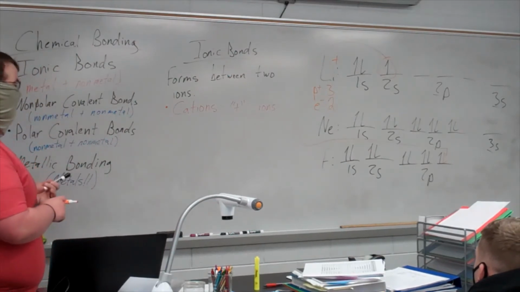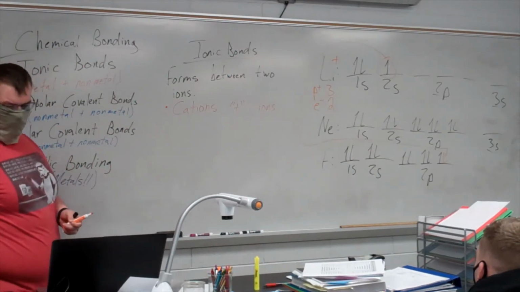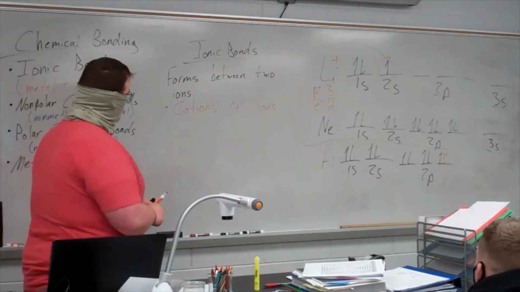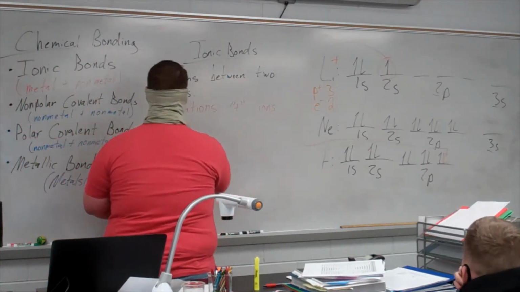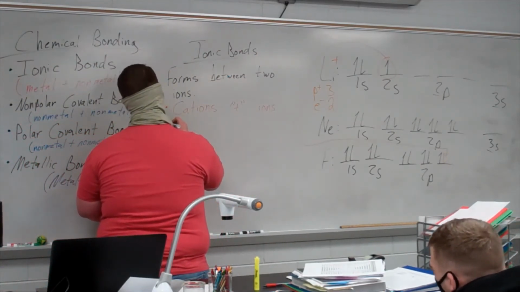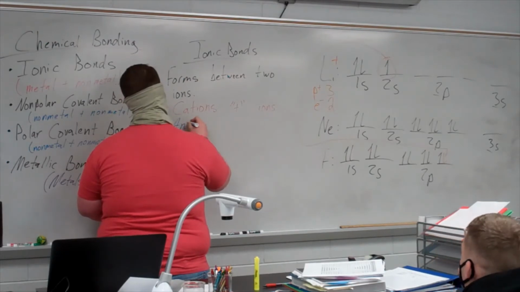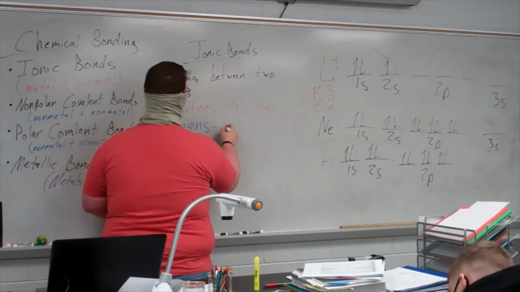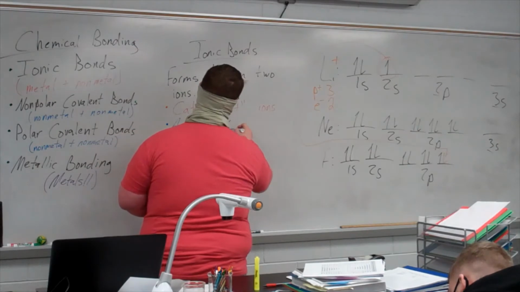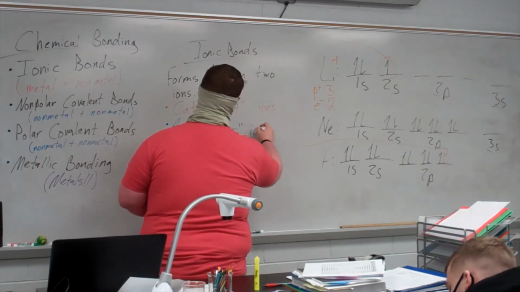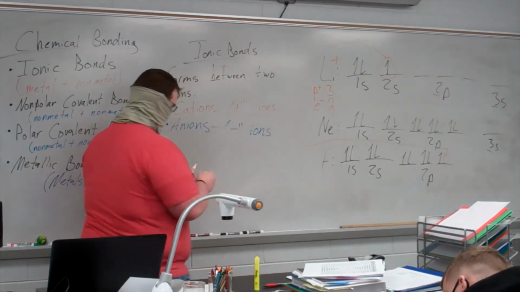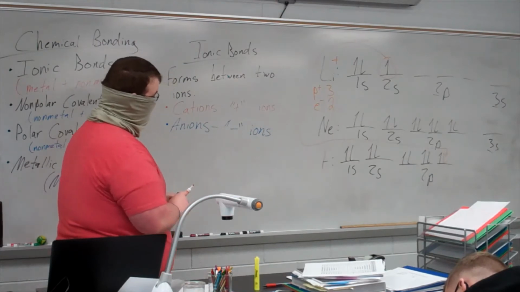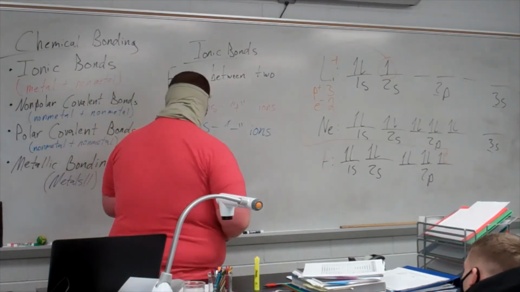So then the second one you're going to look at are anions. Anions are negatively charged ions. So let's take fluorine for example.